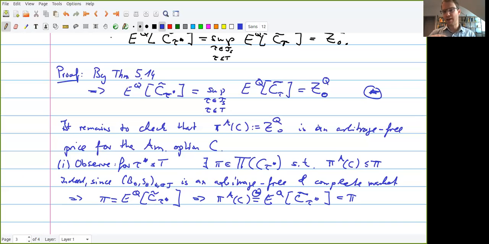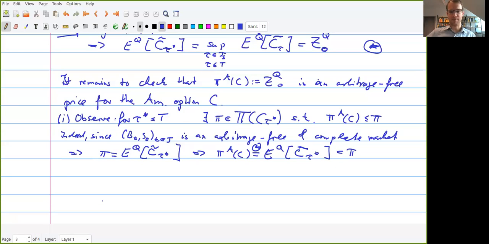So as a buyer, I'm willing to pay this price P_AC because I can stop, or exercise the American option, with respect to the stopping time tau star, and then I realize gains which tell me okay, I'm willing to pay the price P_AC.